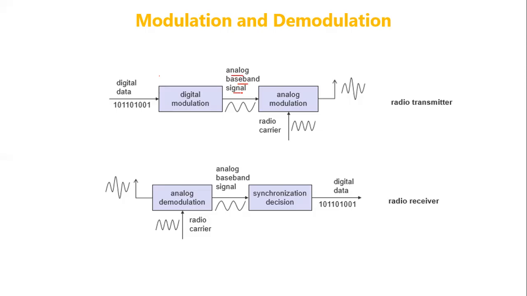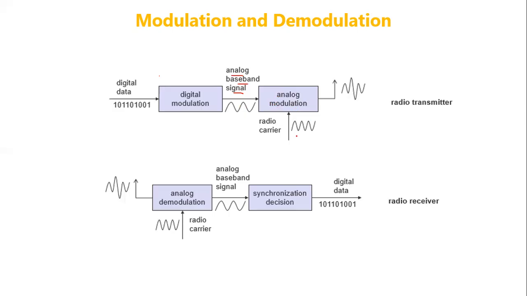As we know, the analog baseband signal cannot be transmitted directly due to various reasons. Like we have discussed, antenna size, frequency division multiplexing cannot be done, and depending on the medium characteristics, the carrier frequency should be chosen. Because of these reasons, we will not be directly transmitting the analog baseband signal. Rather, it will go through a process called analog modulation.